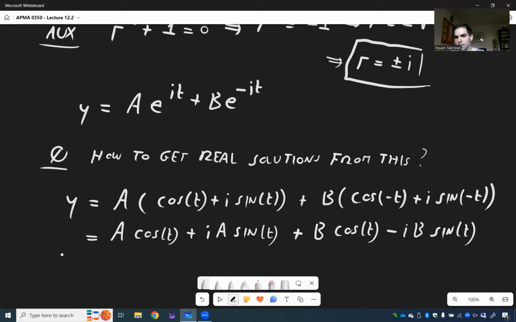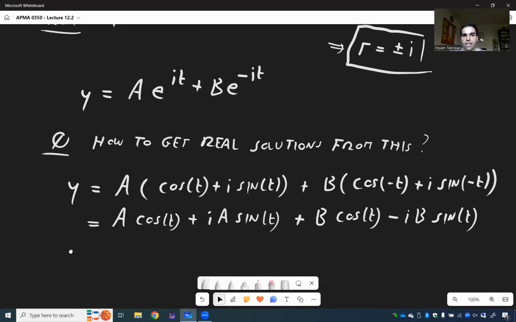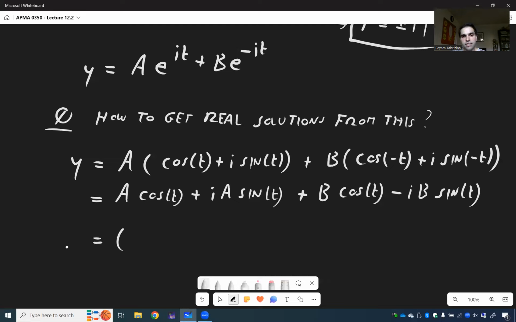sine of t. And then we can combine the cosines and the sines, and we get A plus B cosine of t plus i times A minus B sine of t.